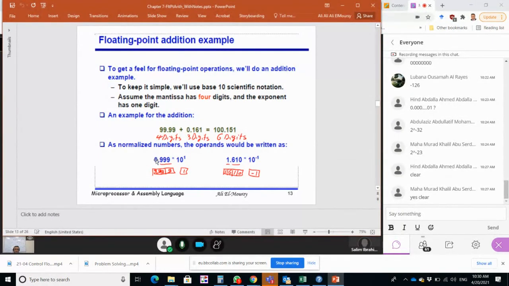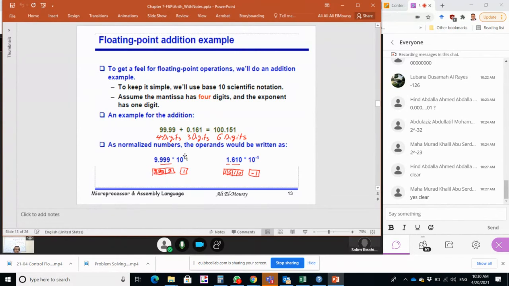So I can simply normalize the 99.99 to be 9.999. Assuming that the decimal point will be after the first digit, so those four digits will be stored in four locations, which are 9999. Okay, 4 slots.